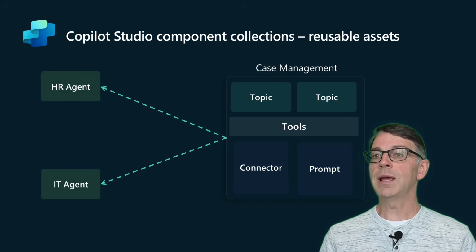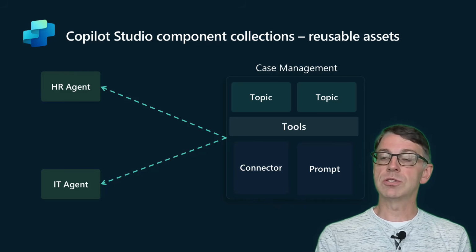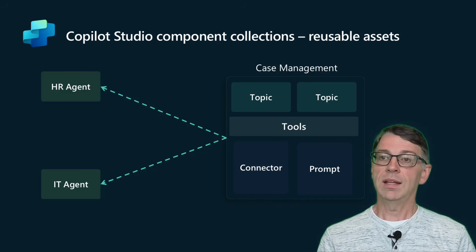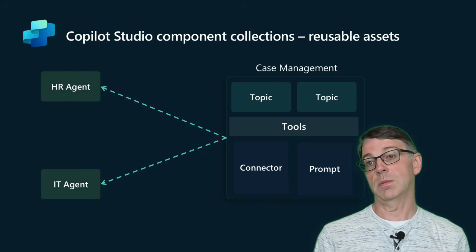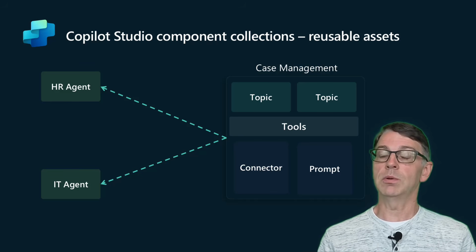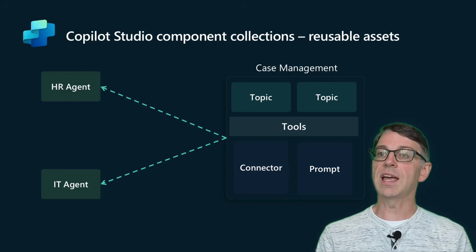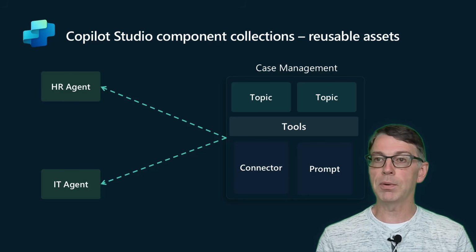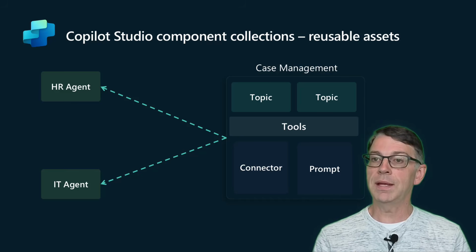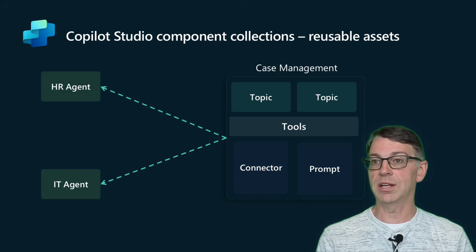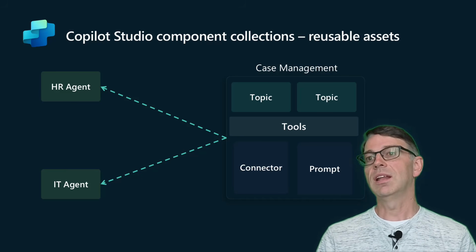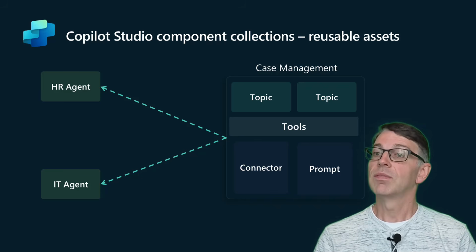I want to let that maker consume it if they want it. Then maybe a third agent comes along that wants to use it. They can just consume this on their own. They can say, hey, I'd like to pull that into my project and take a dependency on this component collection.